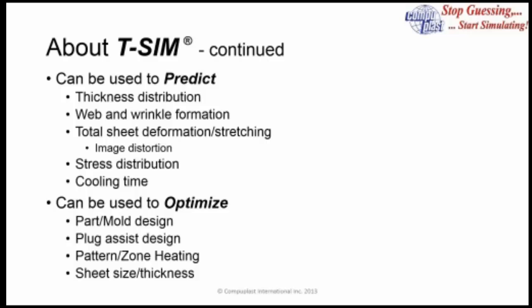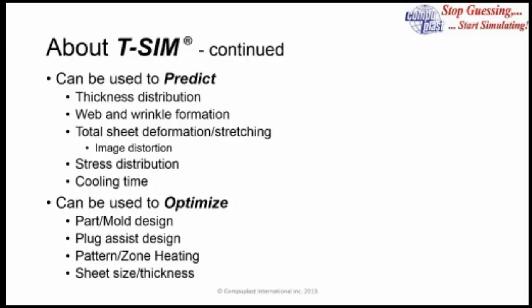So with these capabilities, the software can be used to optimize part and mold design, and I have both the part design and the mold design here because you may want to modify the part to make it easier to form, or you may want to optimize the mold to avoid certain problems. Of course, plug assist design, there's a variety of different assists that could be created, and the software can be used to optimize that.